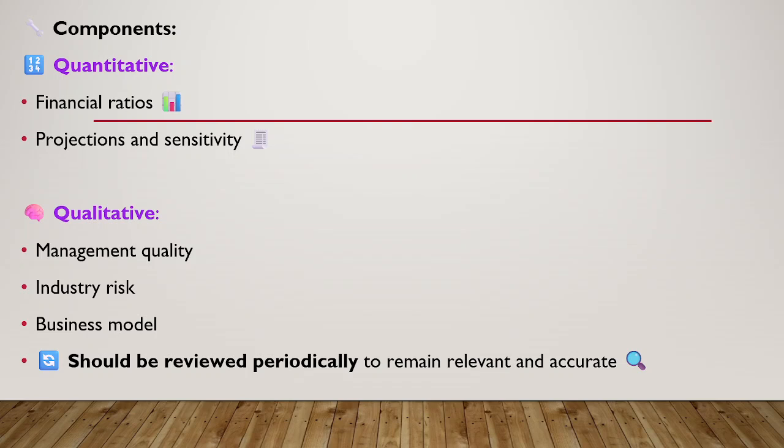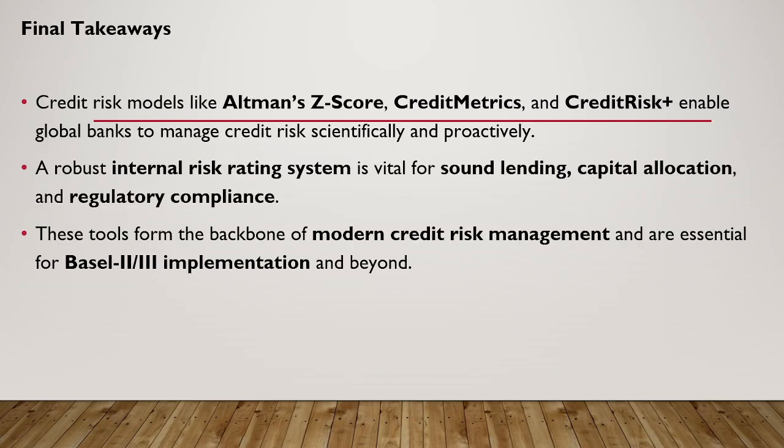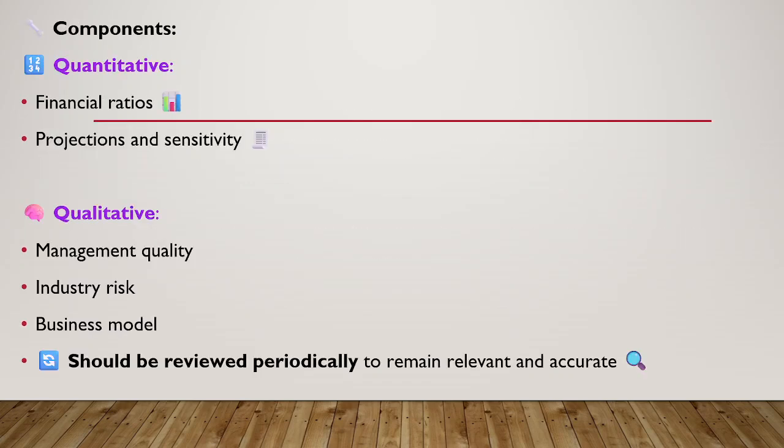Why periodic review is important. No system is perfect unless it's updated. Over time, economic conditions change. A business that was safe last year may be high risk this year. That's why periodic reviews and recalibrations are a must. This ensures that your internal ratings are aligned with actual default behavior and can be trusted when used as inputs in advanced models like CreditMetrics or CreditRisk+.